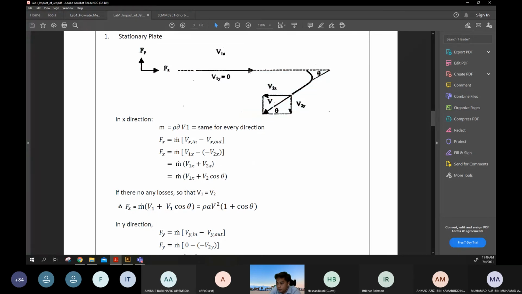There is only one horizontal component, only one direction, so we remove x. Plus V1, because V2 is replaced with V1, cos theta. Then we factorize V1 and V1, and we get these parts. The mass flow rate we replace with rho A V. Rho A V multiplied with V, that is why V squared. And then we are left with 1 plus cos theta.